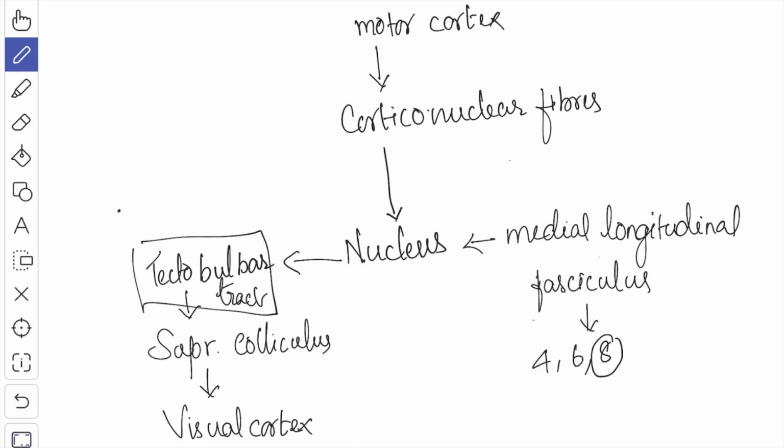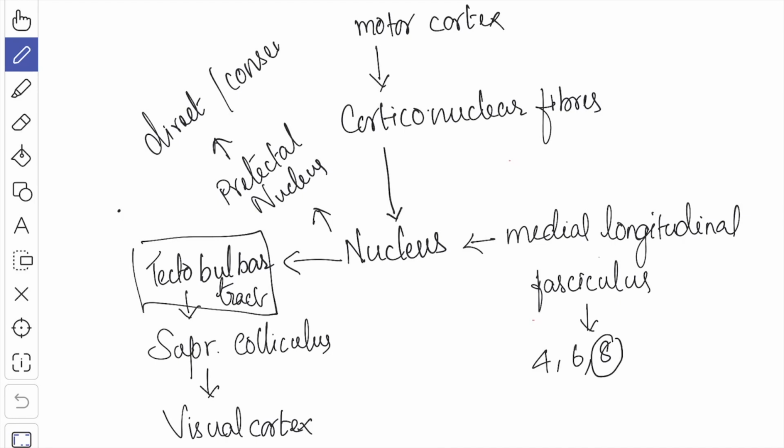This connection helps in the visuoprotective reflex. Then the oculomotor nucleus is connected to the pretectal nucleus of both sides. This is for the direct and consensual light reflex.